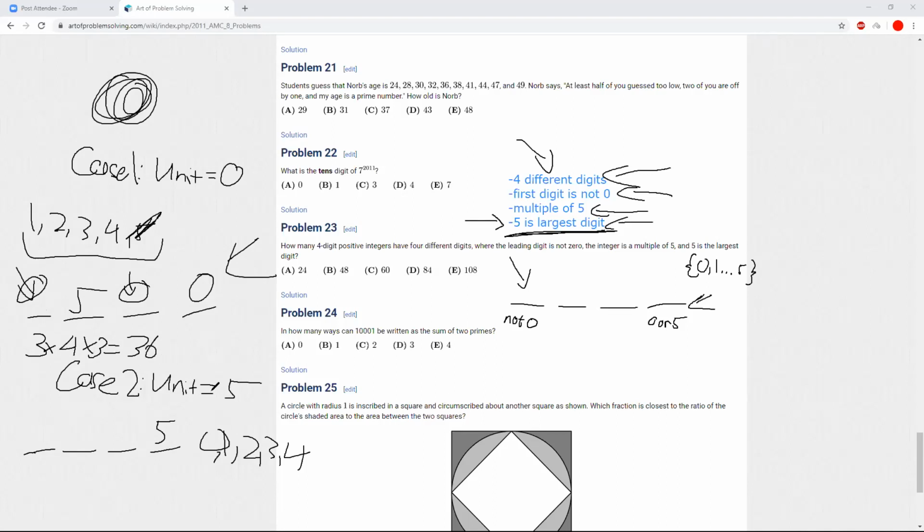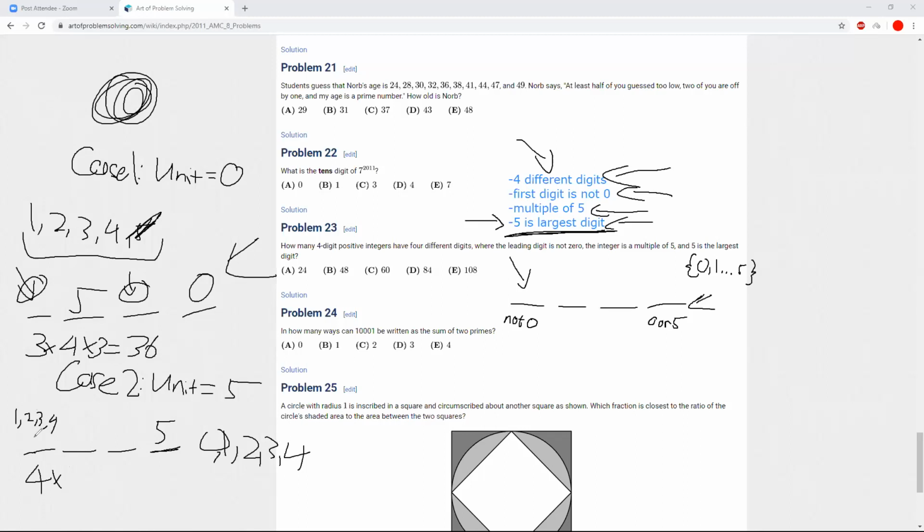And then for this case, where the unit digit is 5, this one cannot be 0. We already determined that. So this one can be 1, 2, 3, or 4. So there's 4 possibilities for this case. And then for this case, we get rid of one of these numbers.